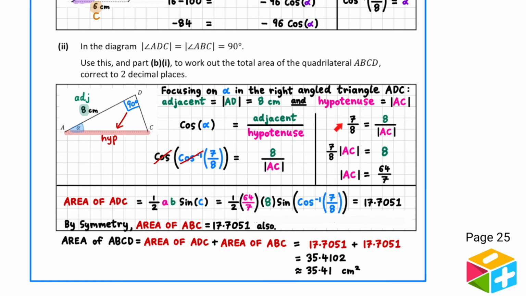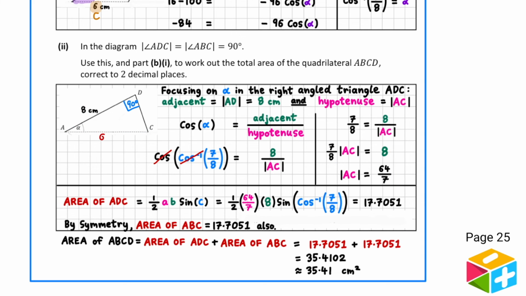Next, we can multiply both sides by the side length AC. And finally, we can divide both sides by 7 over 8. When we calculate 8 divided by 7 over 8 in our calculator, we get 64 over 7.